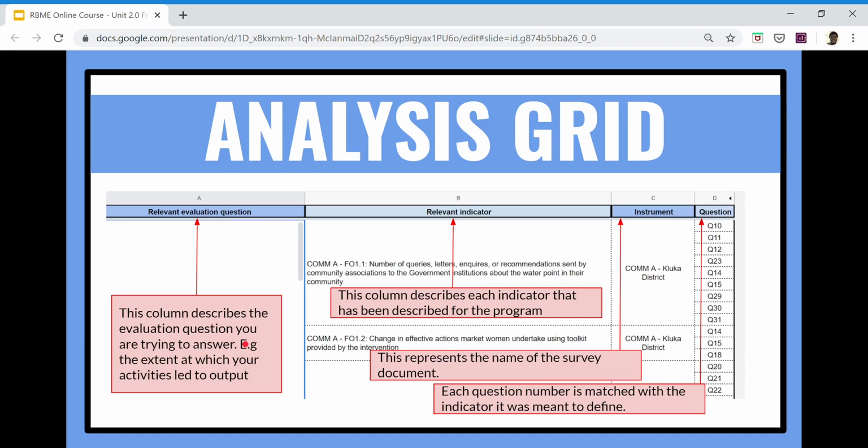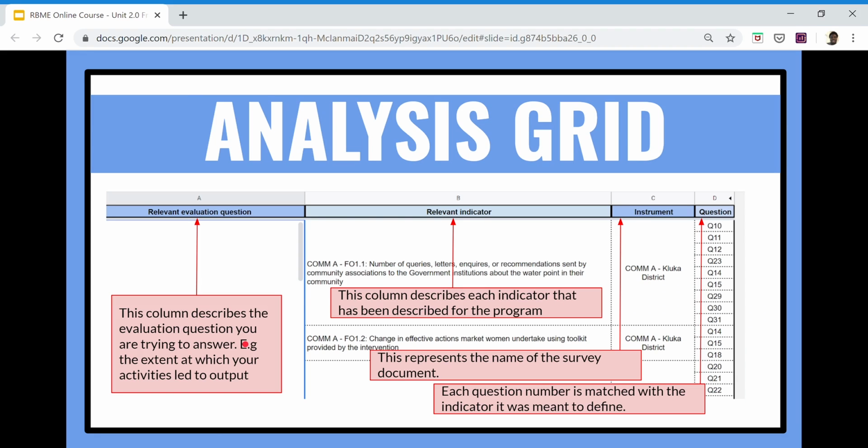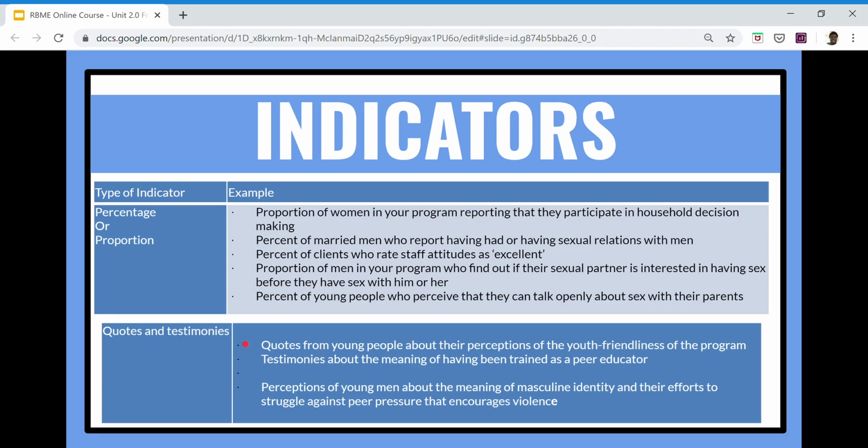Then we discussed that once you have done this, you want to think about data collection methods, right? But before that, it's important that you plan your analysis. It is important that you plan the instruments you're going to use to collect data that will inform these indicators.